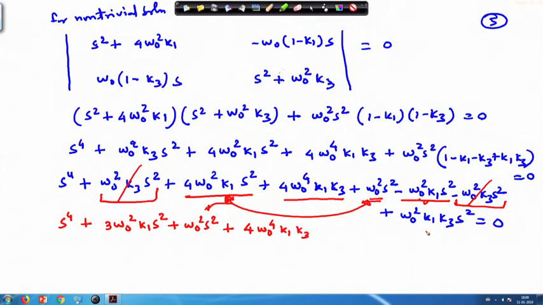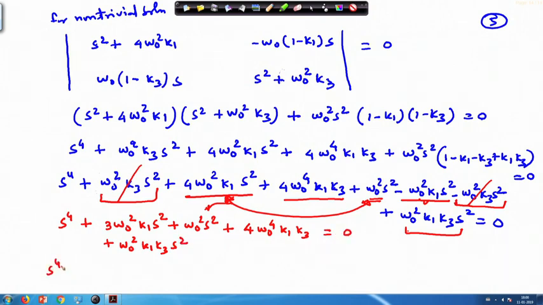And we have one more term here. This term is remaining, so this term also we put here in this place: omega 0 square k 1 k 3 times s square, and this equal to 0.